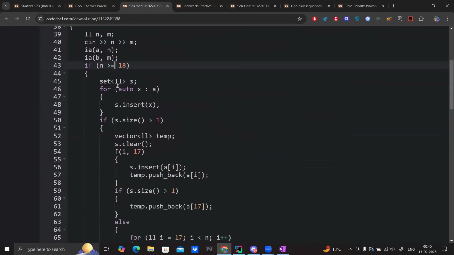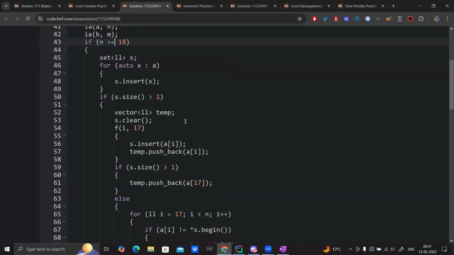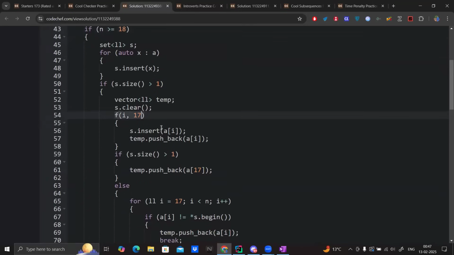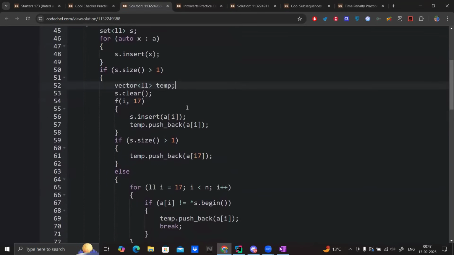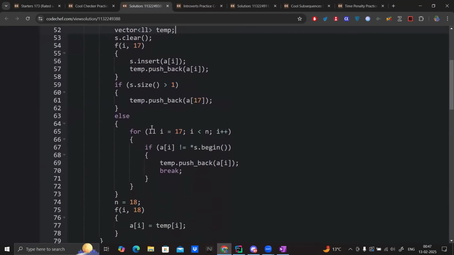If that is the case, then what we can do is extract any 18 elements which are not all equal. So suppose I extracted 17 elements: the first 17 elements I pushed back in this temporary array. And then the 18th element, I pushed it such that it is not equal to the rest of them.